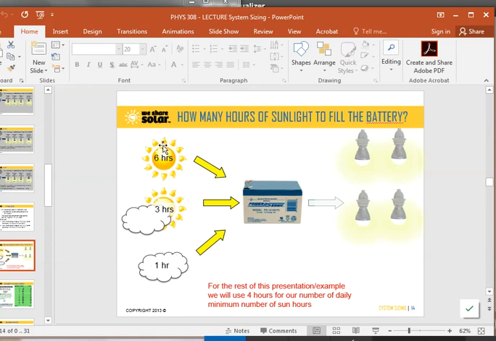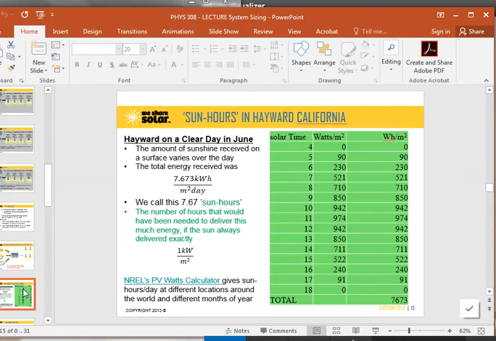And so when we put in all those things, we basically have to think about how many equivalent sun hours there are. And so part of our system sizing worksheet, which you will see in just a moment, is designed to help us consider how many solar hours or sun hours we have in our given location.